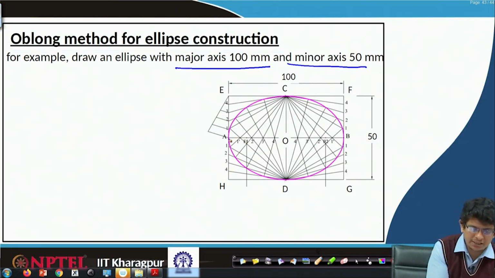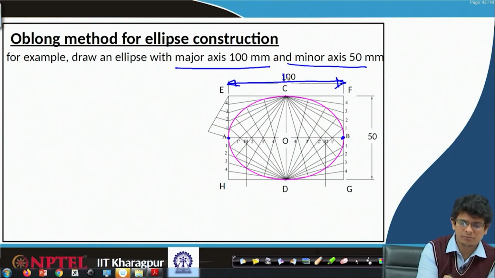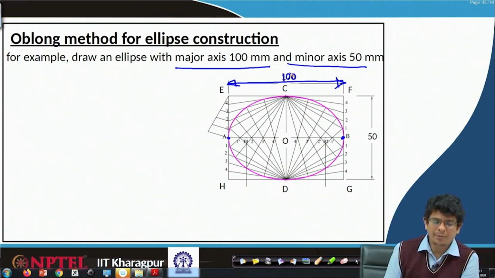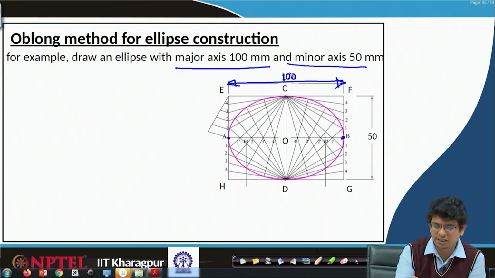So, the major axis for this ellipse is from A to B, it is 100 mm. The minor axis for this ellipse is 50 mm.